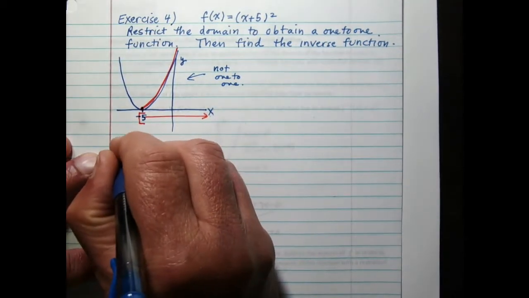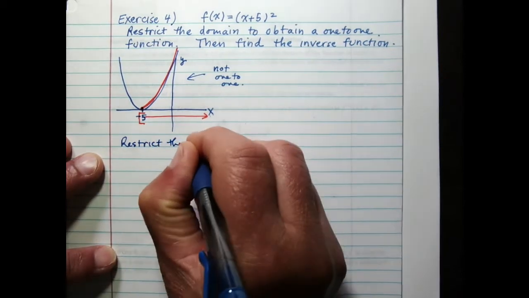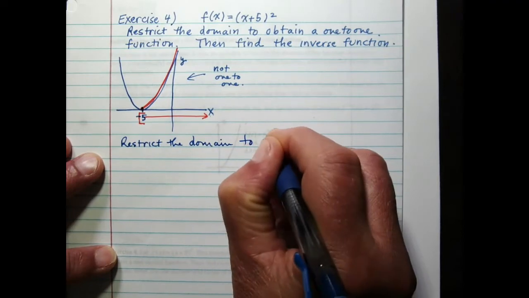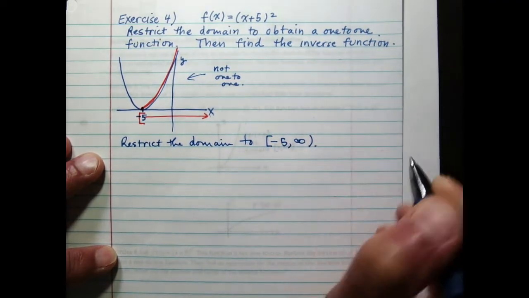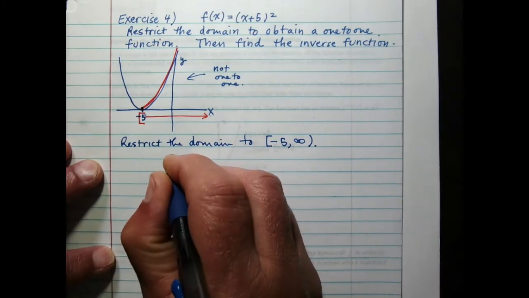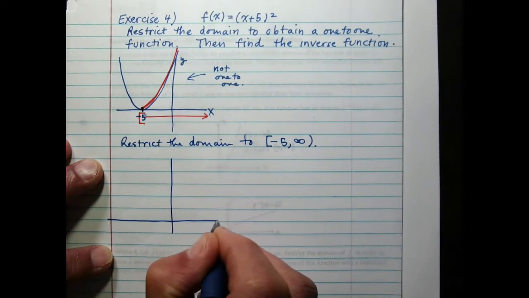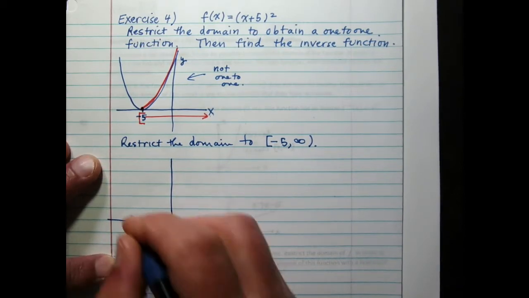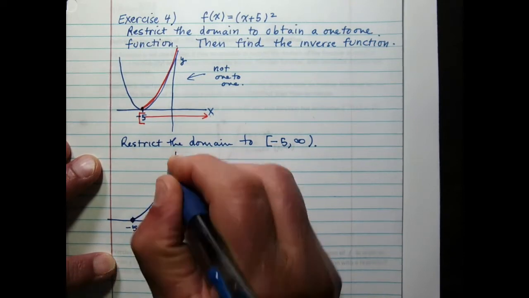So I'm going to say restrict the domain to square bracket -5, infinity, and then our graph is going to look like this, right? Here's -5. We're going to have that point at (-5, 0), and we're going to have just this branch going up like so.